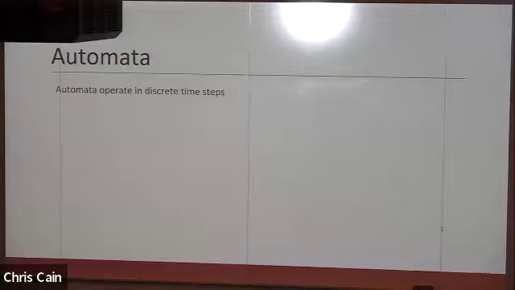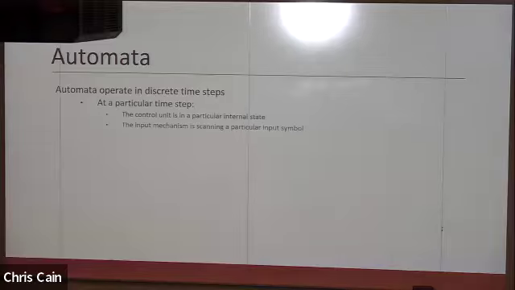There are discrete time steps here. Think of them like CPU cycles. So at any particular discrete time interval, the automaton is in a particular state. We're looking at a particular character in the input.